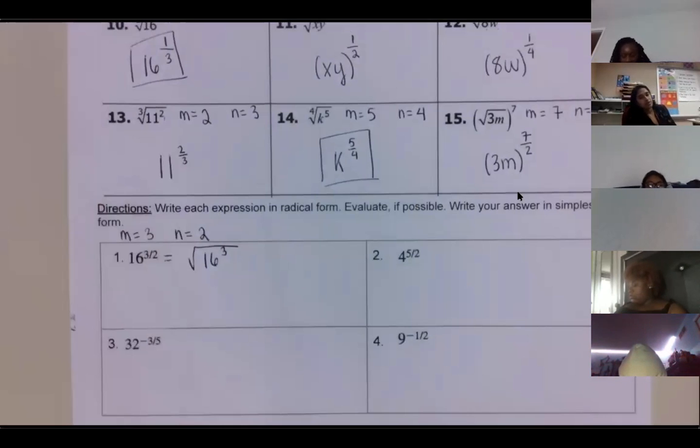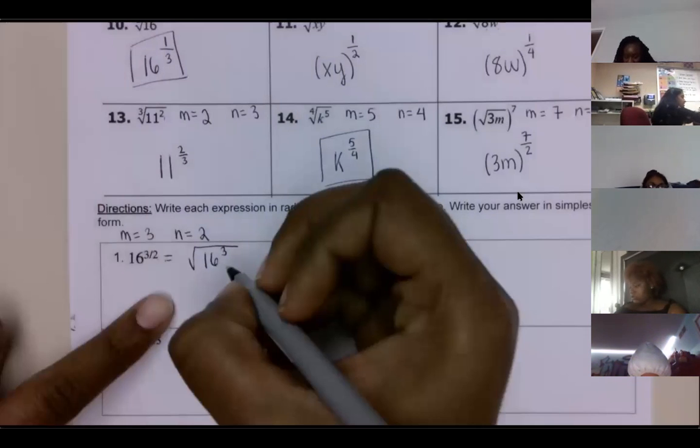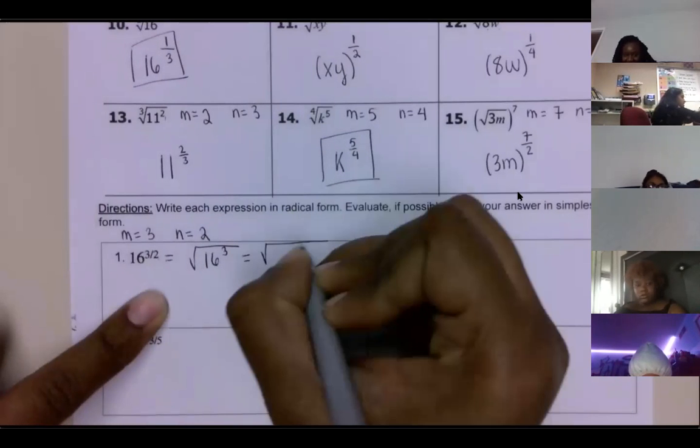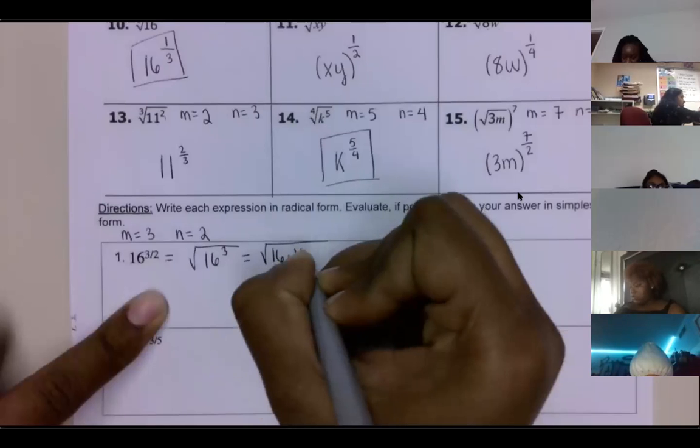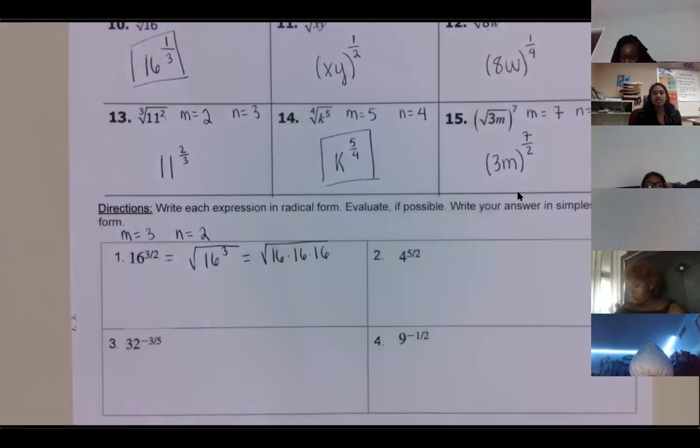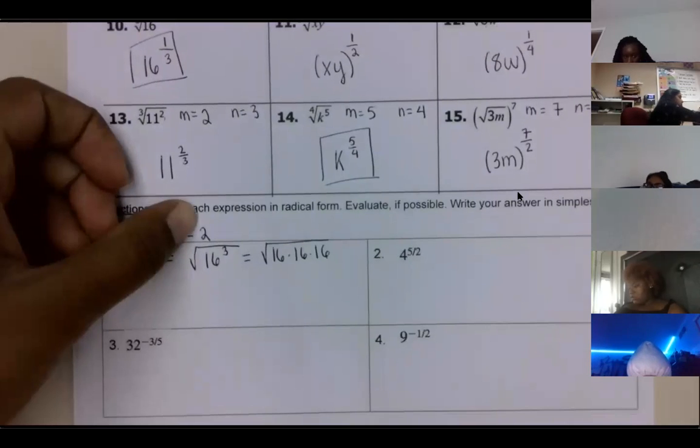All right, couple things we could do here. We could find out what 16 cubed is and then do your factor tree, but that's actually a lot of work and it's kind of annoying. So what I would suggest is go ahead and break this up into 3 16s multiplied together. So 16 times 16 times 16. And then because your index is 2, you're going to circle groups of 2.